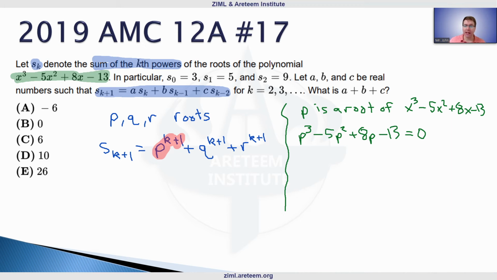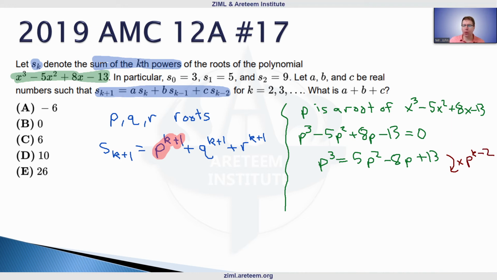Here's the important thing. Notice that this tells us that p cubed, the third power of p, is equal to 5p squared minus 8p plus 13, moving everything to the other side. But now, wait a second. We are looking at p to the k plus first power, so what if I multiply everything here by p to the k minus 2?